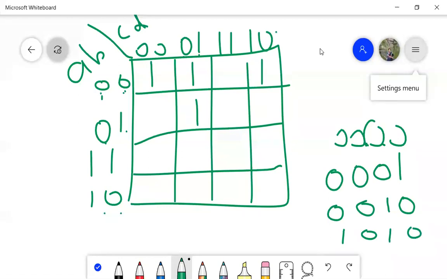So where is 10? 10 will be over here. Next, what do I have? Next one will be 11. 11 is over here. Next one, 14. 14 will be over here. Next one, 15. 15 will be over here.